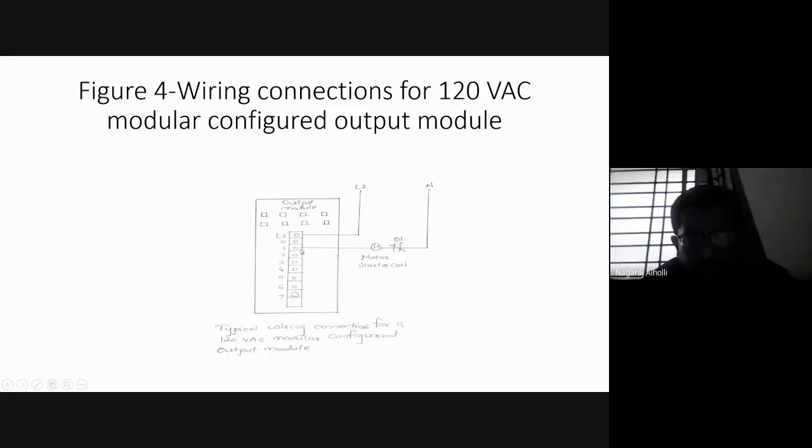Then there is the incoming supply voltage from the socket of your switch. The first output we are connecting to the motor or the motor starter coil, and then it is connected to the neutral. So in this arrangement, again we can connect a maximum of 8 output components, is it not? So this is how the output module is configured for connecting the output components.